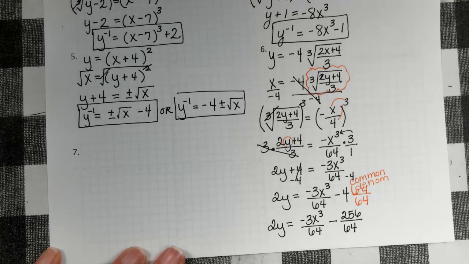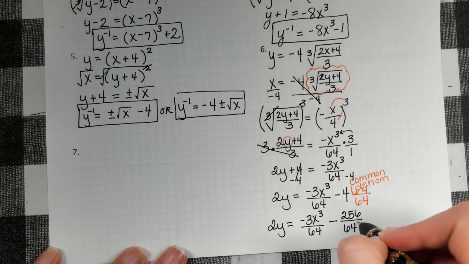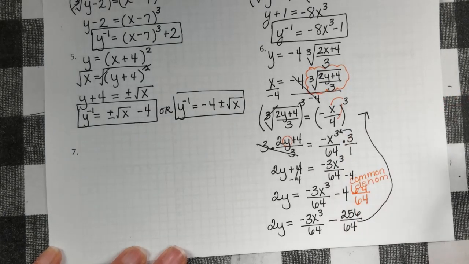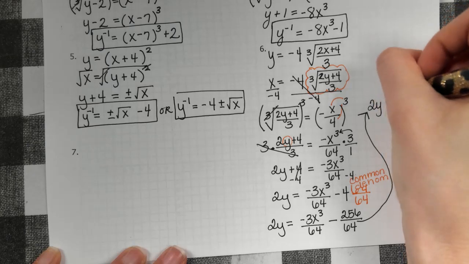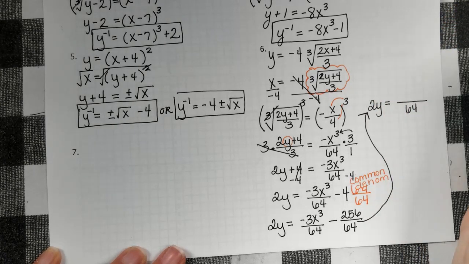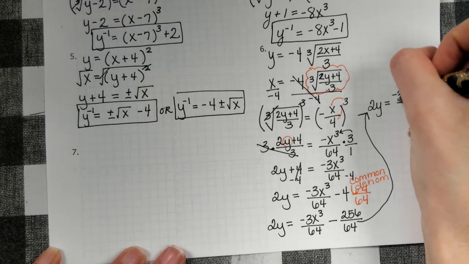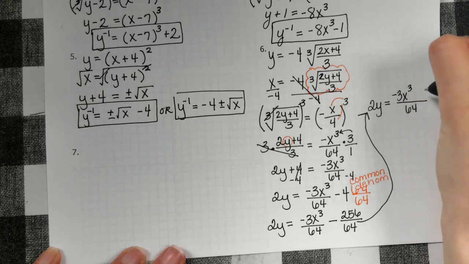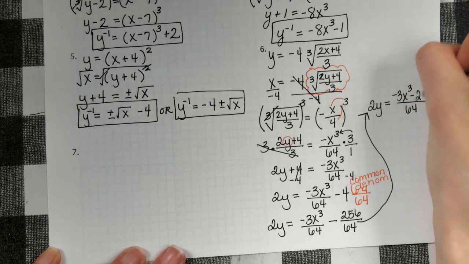All we did was get common denominators, okay? So now, I would go ahead and combine this because I have the common denominator. I'll write it up here. So that's 2y equals, my denominator is 64. My numerator is just going to be the -3x cubed minus 256.